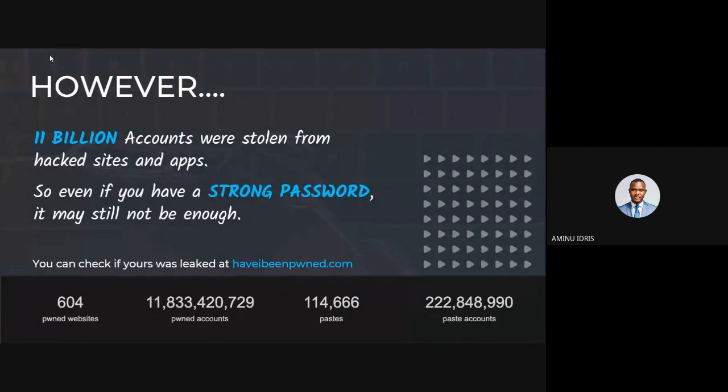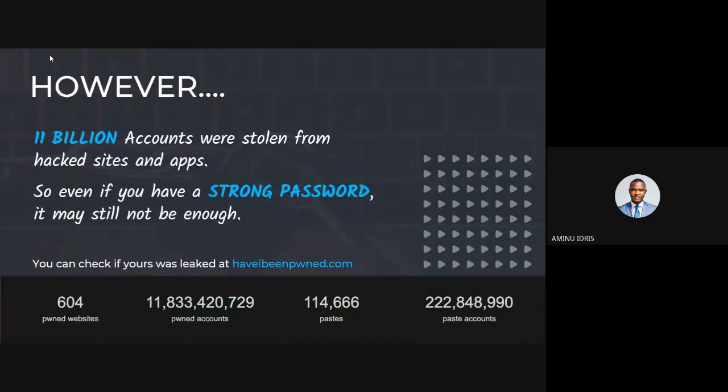He may not intentionally hack that organization with the intention of performing any irregular activity there. The intention may be just to hack the organization, download the database, and then go to the dark web and sell it there. It is from there that another person will use the information to start attacking you.